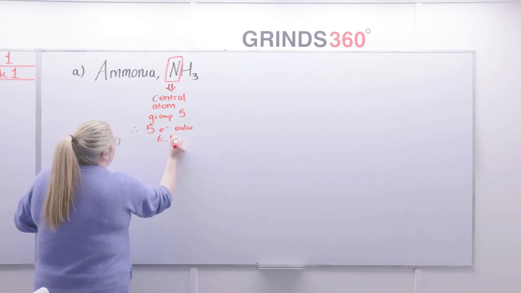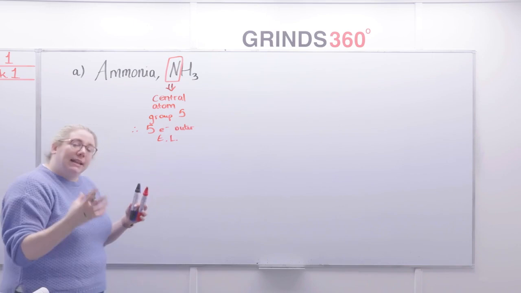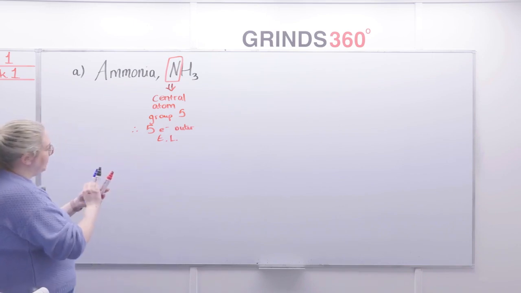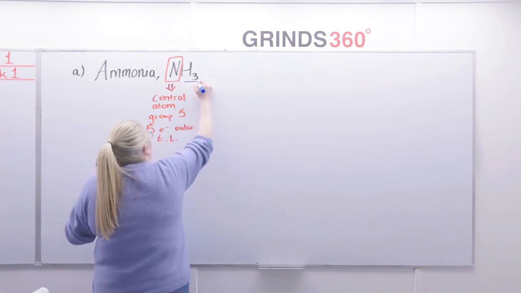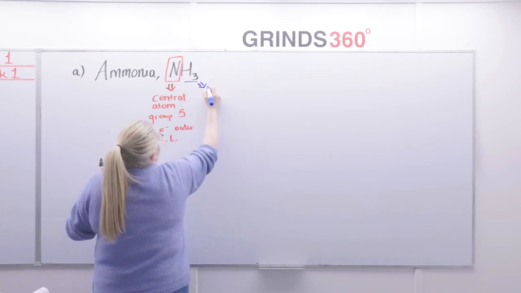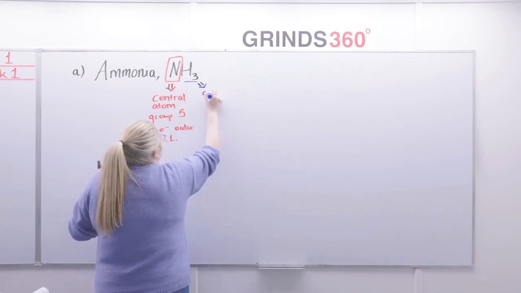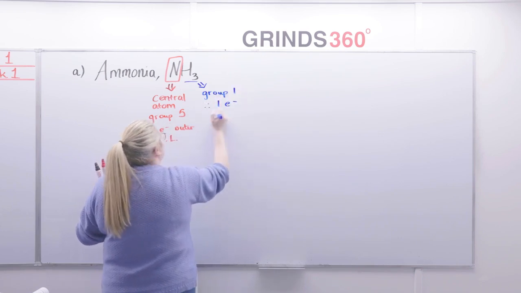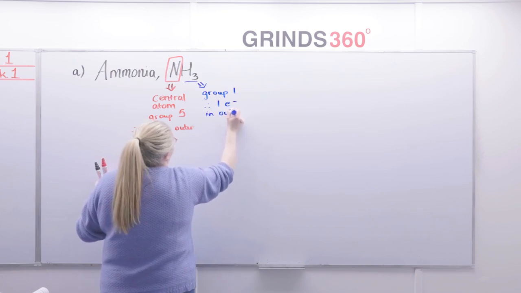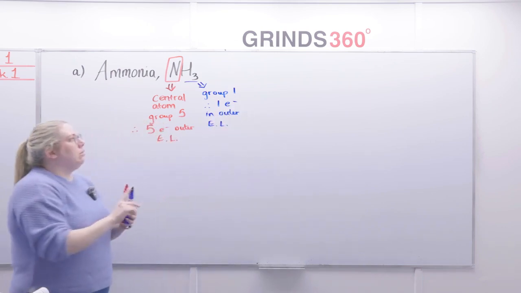The nitrogen will need 3 more electrons to get a stable outer octet, and it gets those from the hydrogens. Now, hydrogen, these are what we call the peripheral atoms. Don't worry about that word. Hydrogen is in group 1, therefore has 1 electron in the outer energy level. Now we're ready to go.